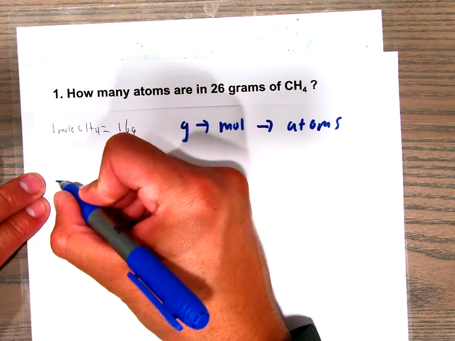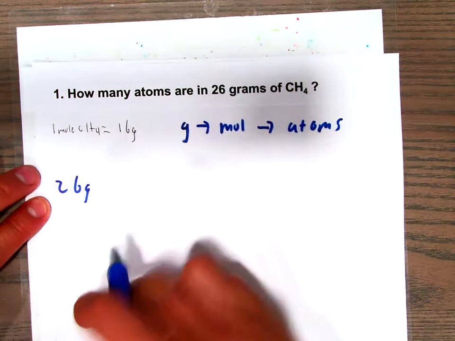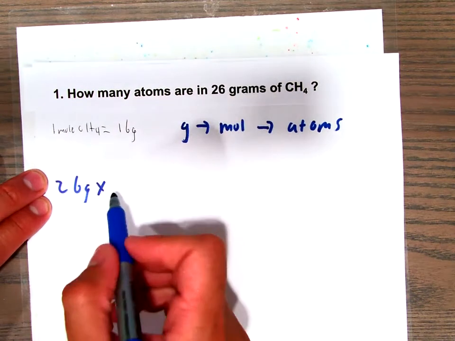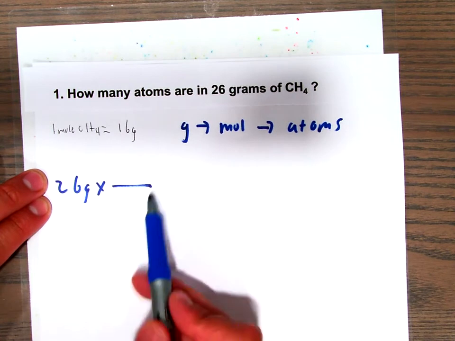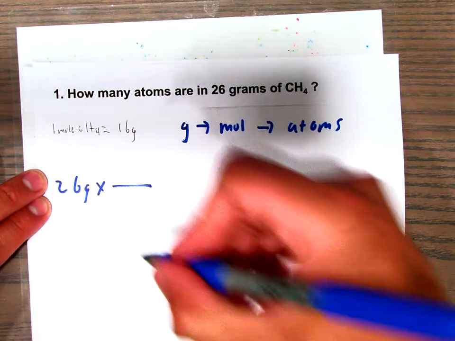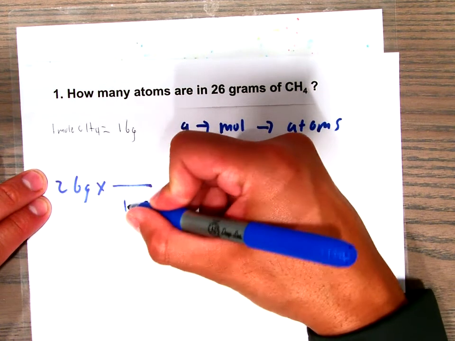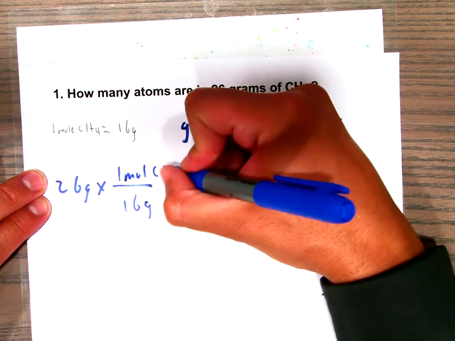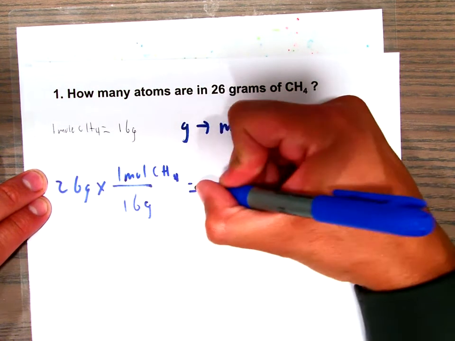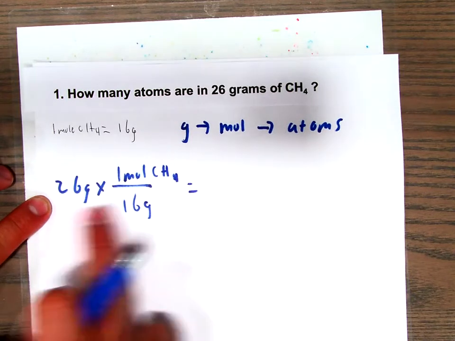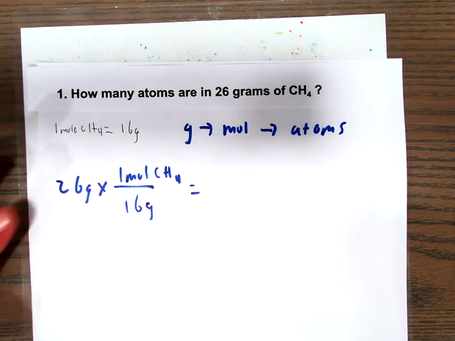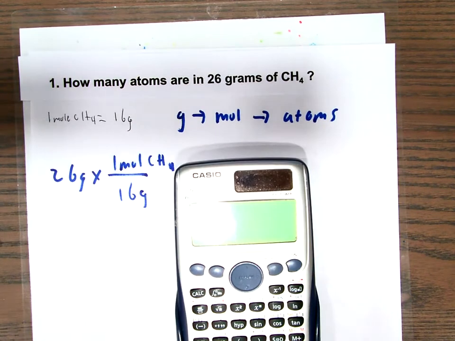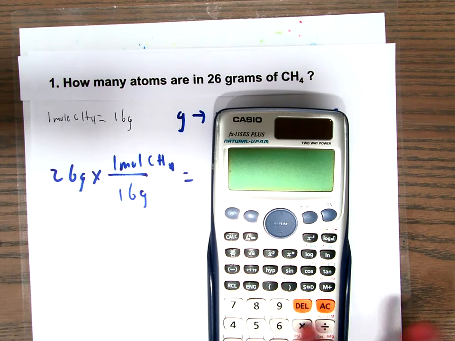I have 2.6 grams of CH4 times a fraction, right? What I'm starting with is grams, so I'm going to put grams in the bottom. Grams go in the bottom. 1 mole of CH4 goes on top. I've done this type of math before. I multiply, then I divide by the bottom.